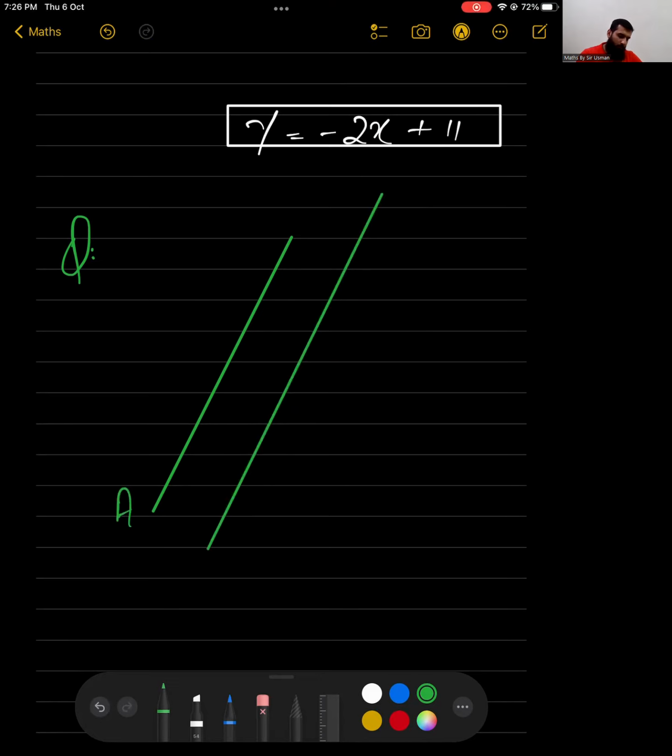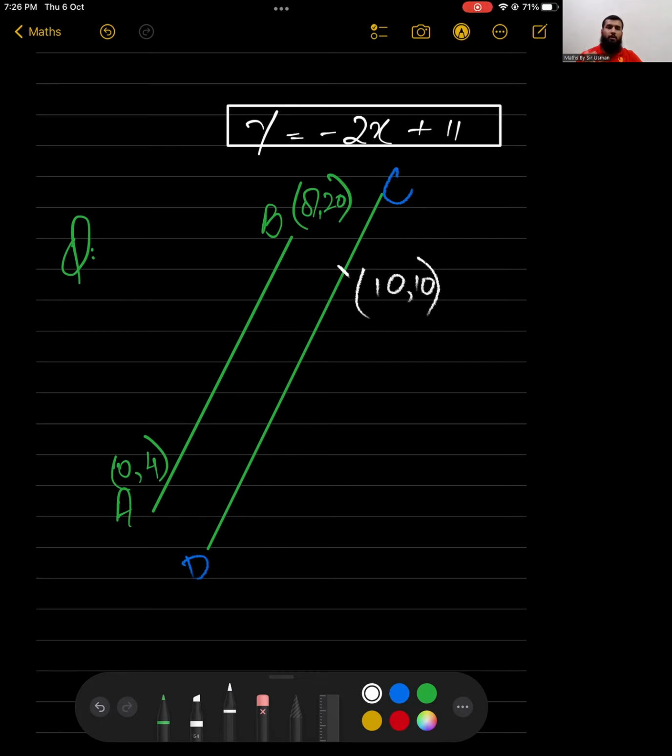So this one is AB, having coordinates 8, 20 and 0, 4, while this line DC is passing through a point which is 10, 10. अब आप लोगों ने इस पर्टिकुलर लाइन के लिए इक्वेशन फाइंड करनी है, and this is line DC. Equation of DC is to be found. DC की आपने इक्वेशन फिगर आउट करनी है और मुझे अपना आंसर बताना है, all of you.